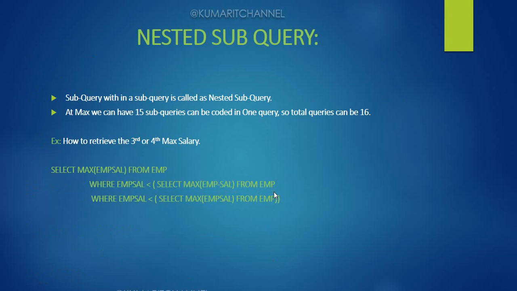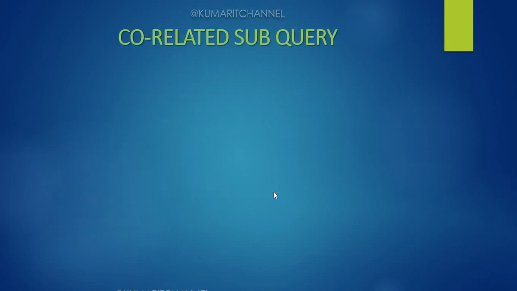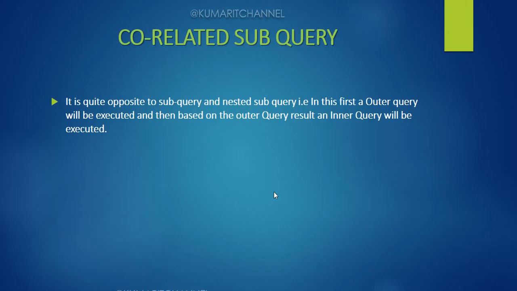Okay, let's look into another very important one, the correlated subquery. It is quite opposite to subqueries and nested queries. Here the outer query is executed first, and based on the outer query result, the inner query is executed. For every row of the outer query, the inner query must execute at least once. Earlier, to identify the maximum salary, first the highest salary, then the second highest, then the third highest.